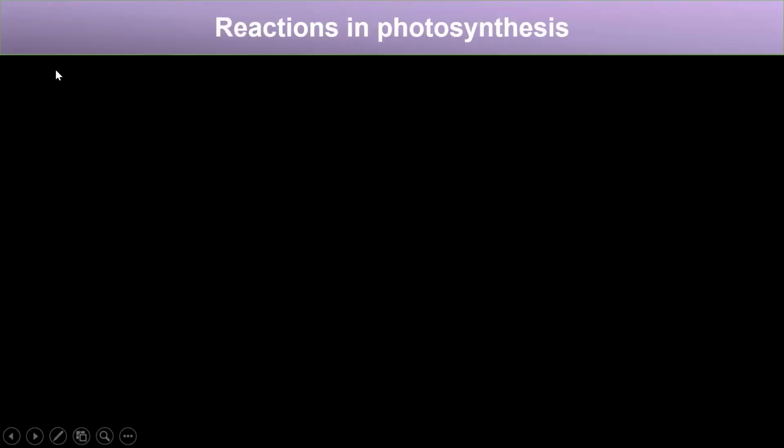Now let's start with the actual photosynthesis process, or what are the different things that happen during photosynthesis. First of all, let's talk about the site of photosynthesis. Photosynthesis happens in plants, right?